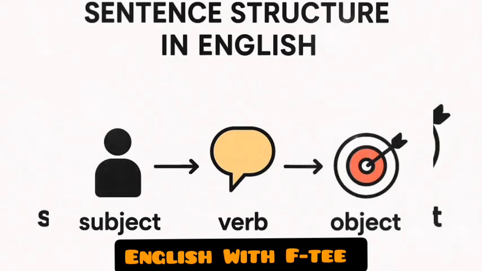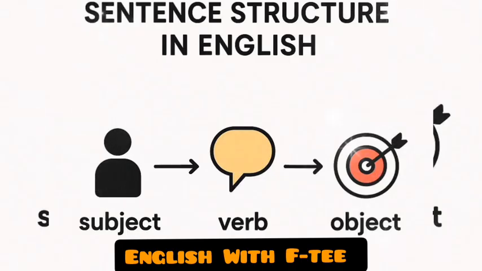Children love ice cream. Children is the subject. Love is the verb. Ice cream is the object. Another example. I have a pencil. I is the subject. Have is the verb. A pencil is the object.